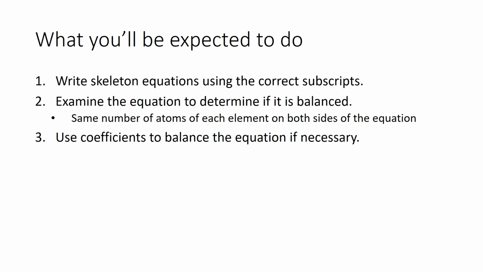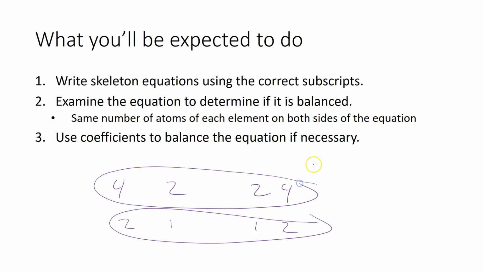And by the way, quick side note, sometimes you do some balancing and you get, let's say, 4, 2, 2, 4. Could we reduce all those to 2, 1, 1, 2, right? Sometimes just in your trial and error, you get this result, in which case you might need to go back and fix things.